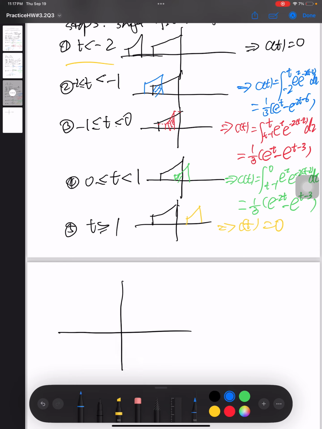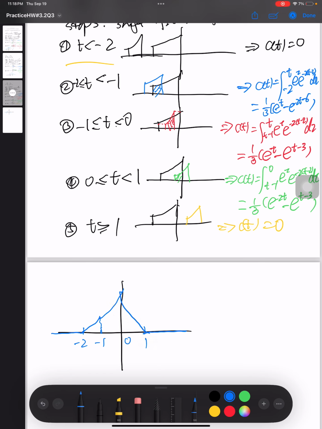From minus 2, minus 1, 0, and 1, these 4 points. So smaller than minus 2 is 0, larger than 1 is 0, and then you can connect them like this.